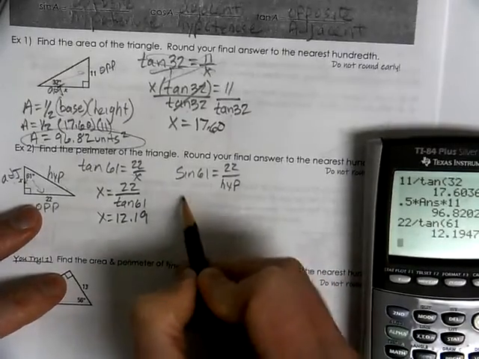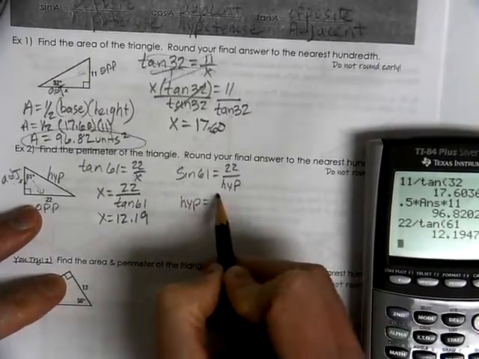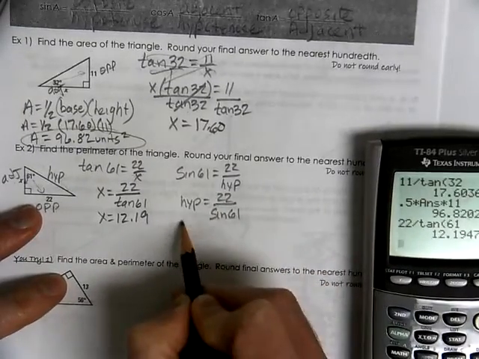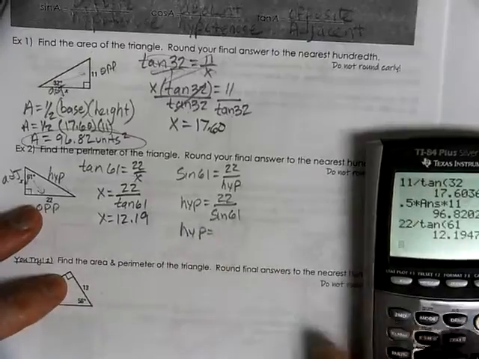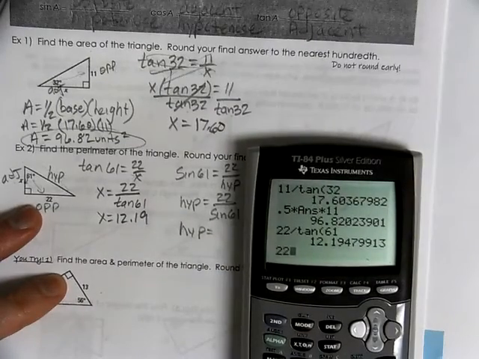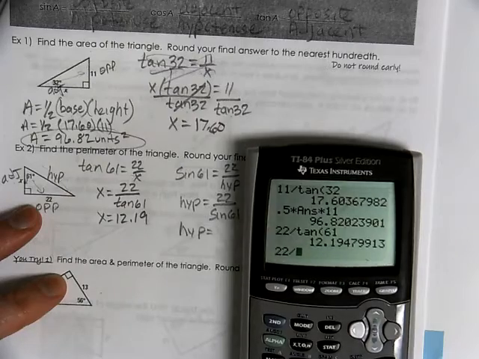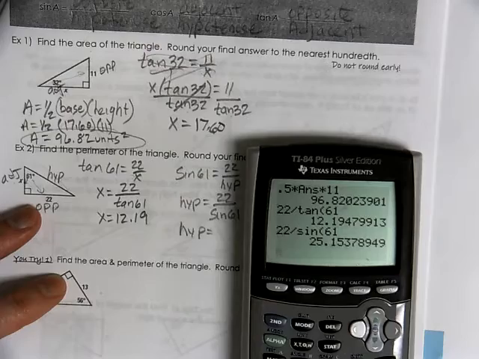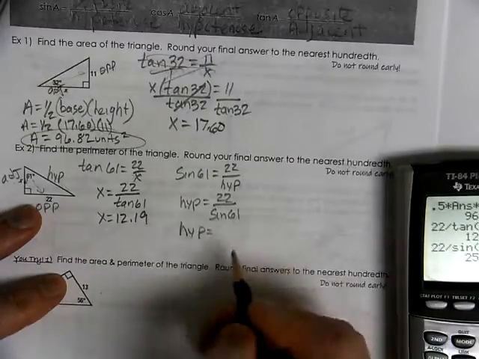Well, we'd switch those. So the hypotenuse equals 22 divided by sine of 61. So our hypotenuse is going to be 25.15.